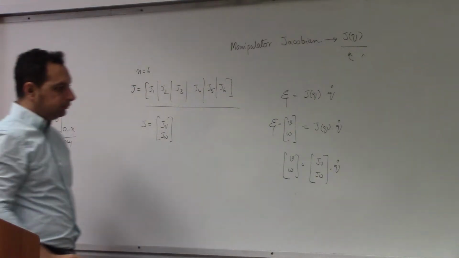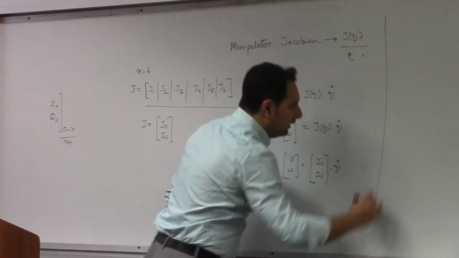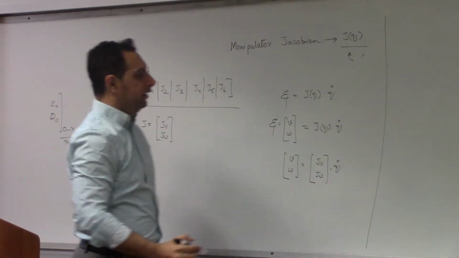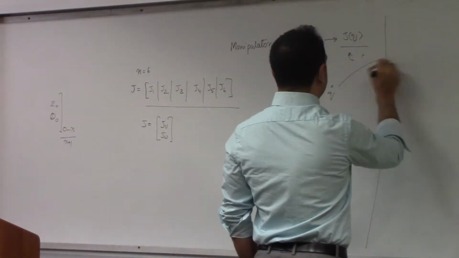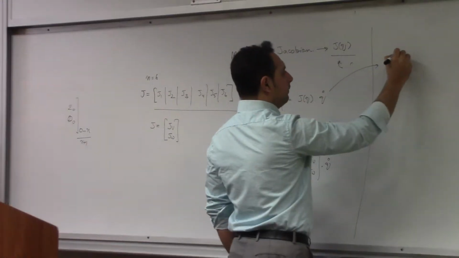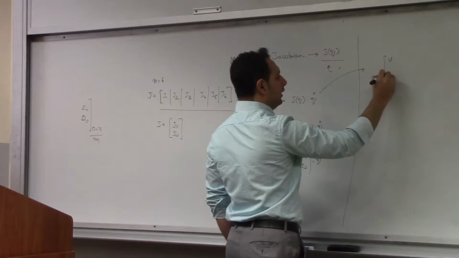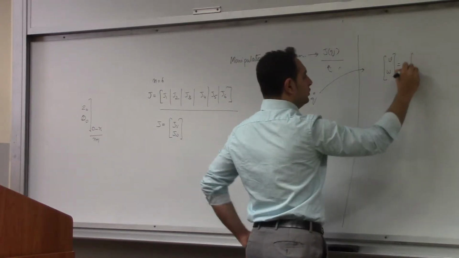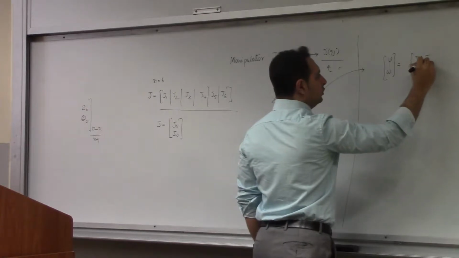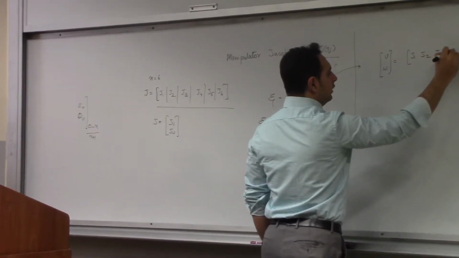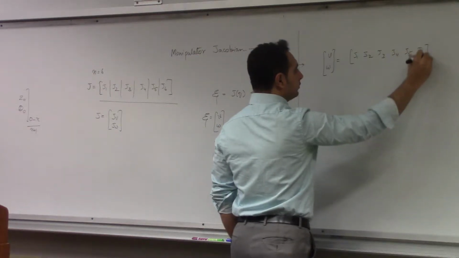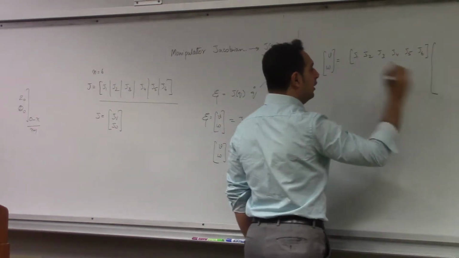Now, let's take this example here. I'm going to use this expression. I can say V omega will be equal to this matrix, which is J1, J2, J3, J4, J5 and J6, times Q dot.